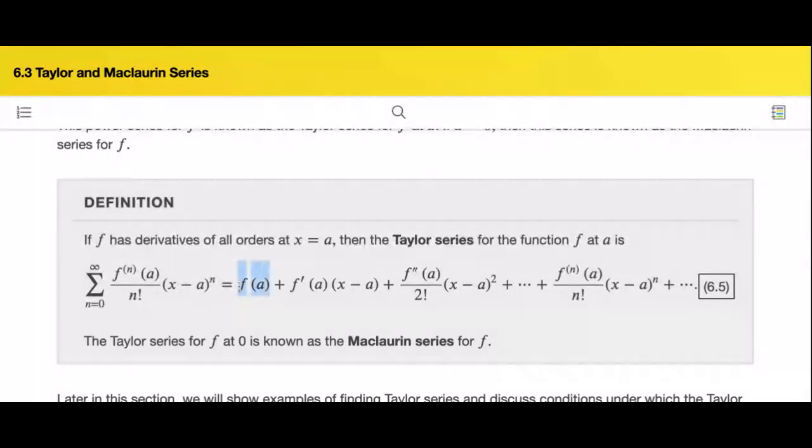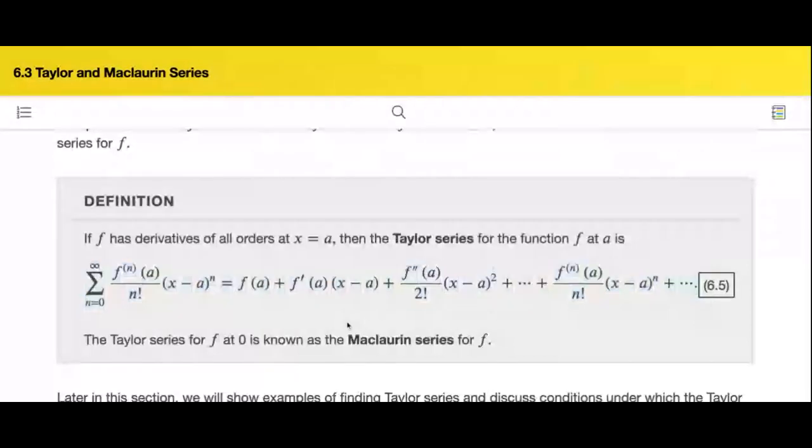Of course, we can write out a couple of terms. When n equals 0, we just get the function value at A. When n equals 1, we get the first order derivative, evaluated at A, multiplied by x minus A, and so on and so forth. And the Maclaurin series just means that A equals 0.